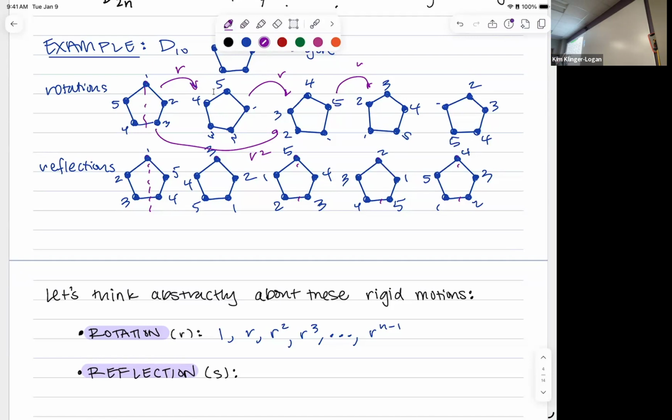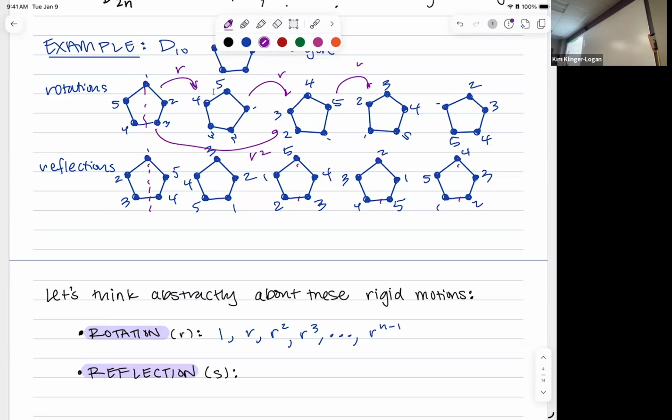So instead of just picking a different vertex on this figure, I could think of first rotating, and see how many rotations I have to do if I were to choose the same axis and reflect about the same axis. Notice, to get to this reflection, I could instead rotate, rotate, rotate, and then apply reflection, and I get to this figure.